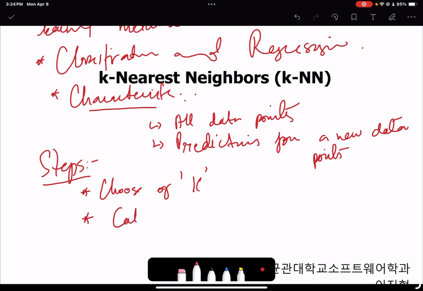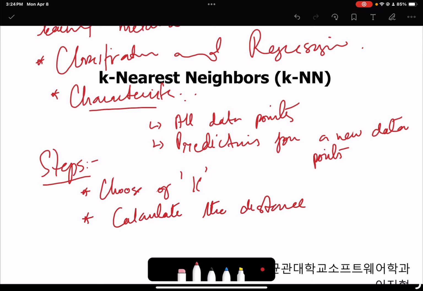Then we have to calculate the distance. So after choosing your K, we calculate the distance between each data point in the training data and the target data point for which prediction is being made.